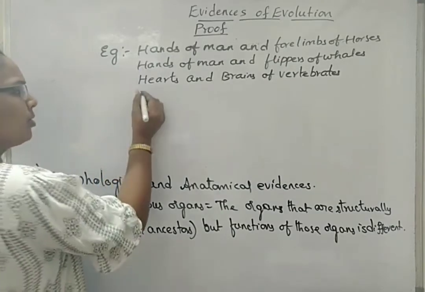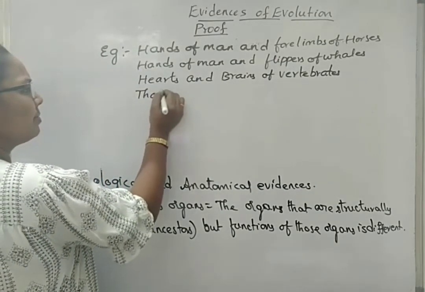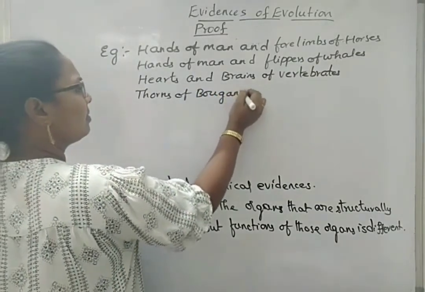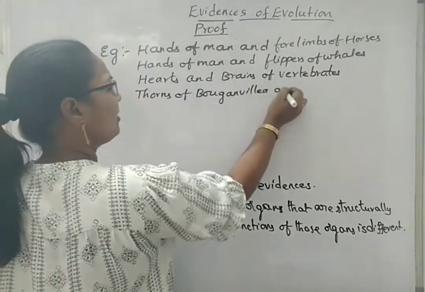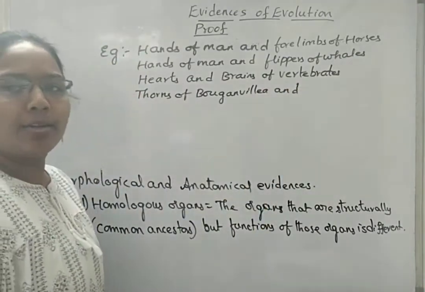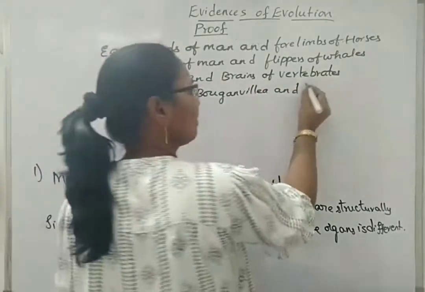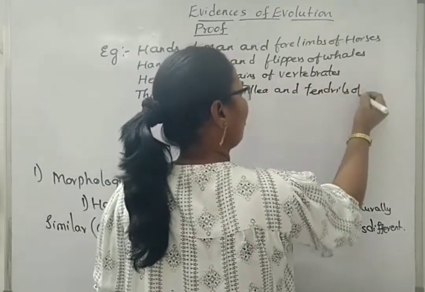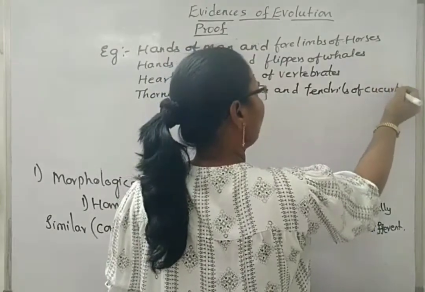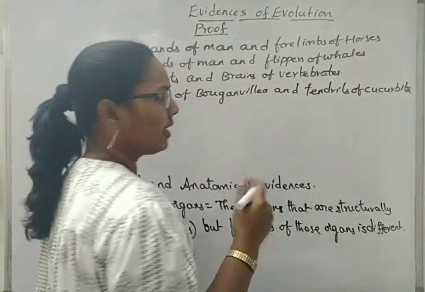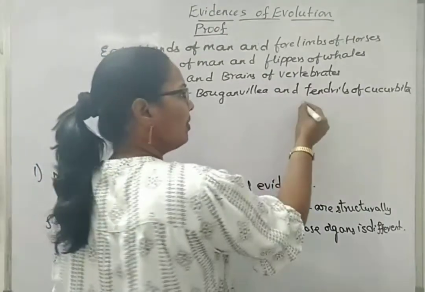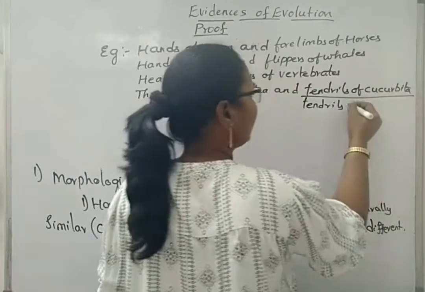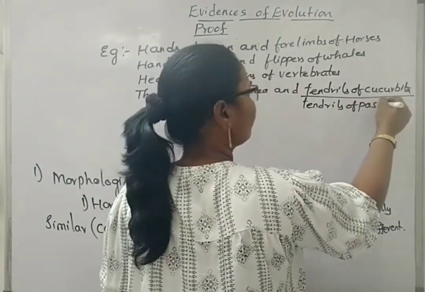Next example, thorns of bougainvillea and tendrils of cucurbita. This is given diagrammatically in NCERT also. We will include another example, tendrils of passiflora.